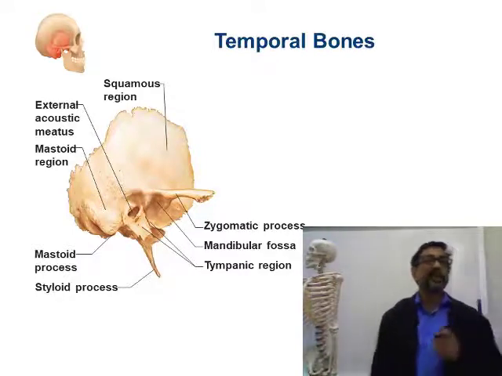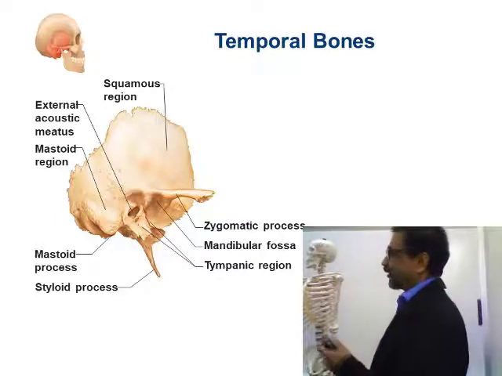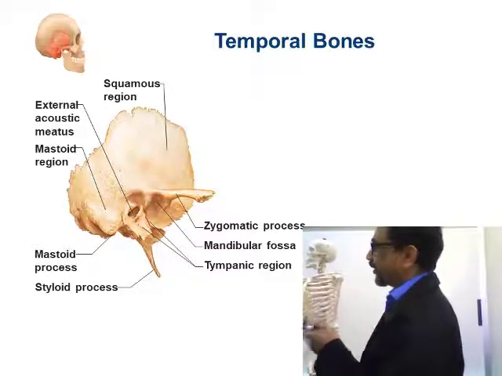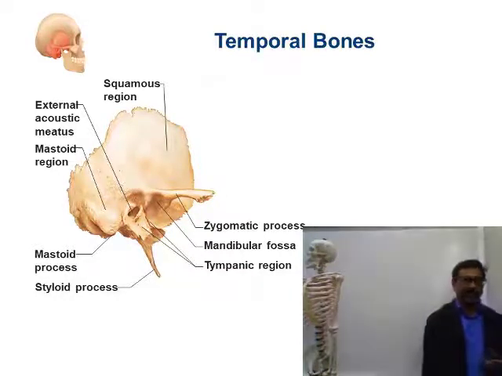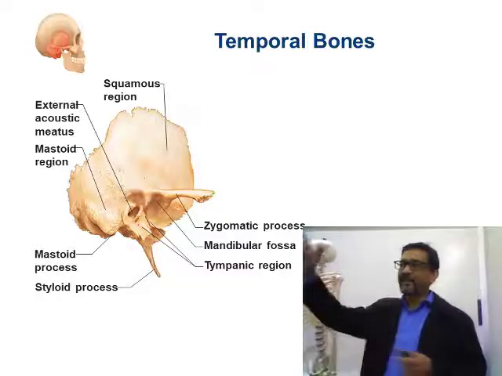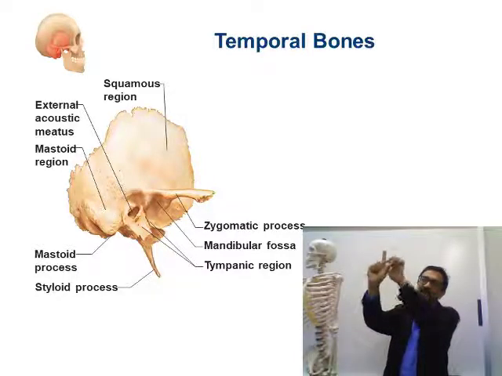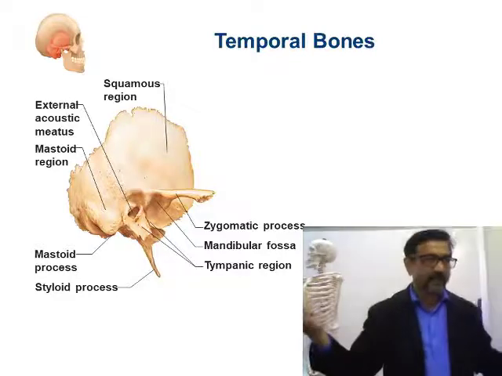So which structures you have there? You see processes. There are three processes: zygomatic process, mastoid process, and styloid process. So processes are like this. Look at me. If this is a bone, if you see something sticking out from the bone, we tell those are the processes. Okay.